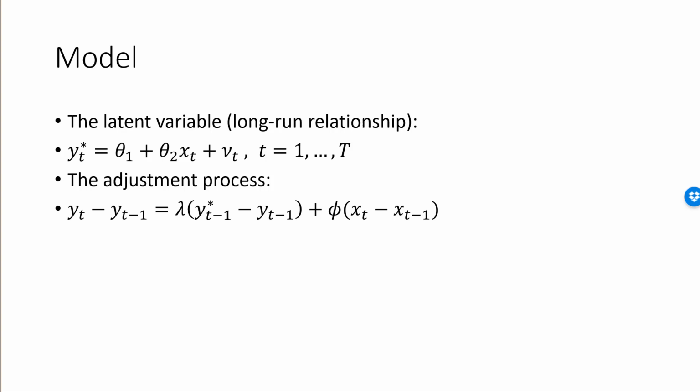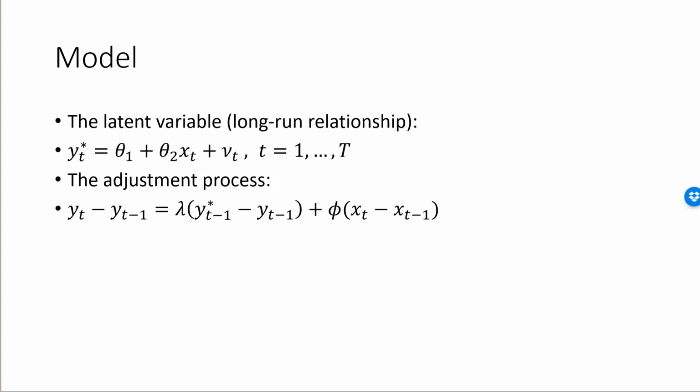In the error correction model, a simple example of an adjustment process can look like this. On the left hand side, yt minus yt minus 1, we have the actual increase in y. This is the increase from the previous period to this current period in the dependent variable. Now, in the error correction model, think of yt star as the equilibrium value of yt, the value that yt would have if the whole process or the economy was in equilibrium.